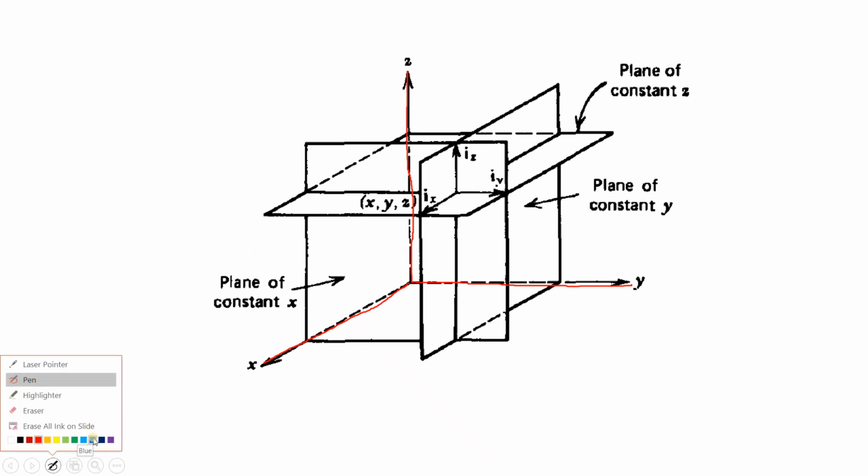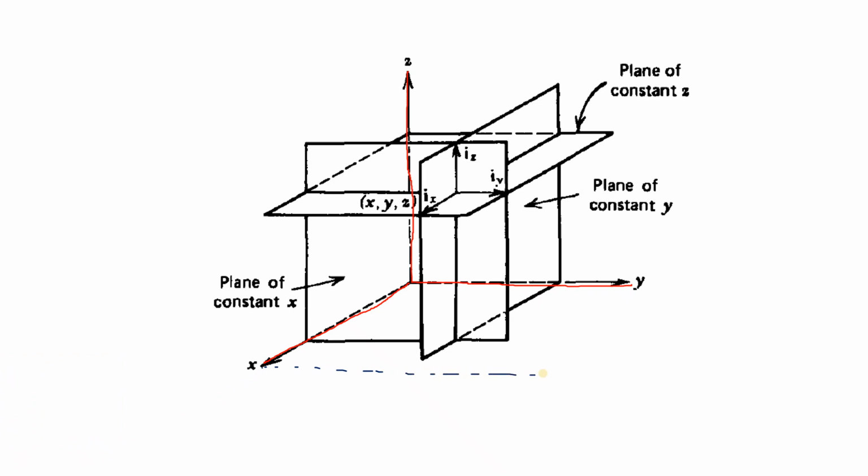Now these are three-dimensional, but you can also make them two-dimensional. How? You just draw a line like this. What you get, you call a plane. That means a two-dimensional plane, which is nothing but the xy plane.